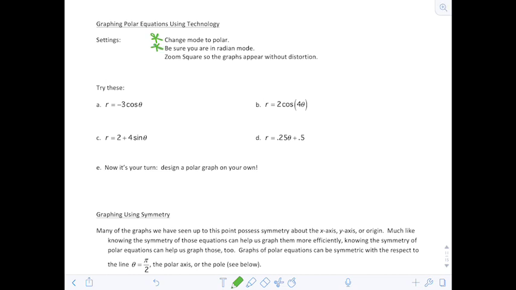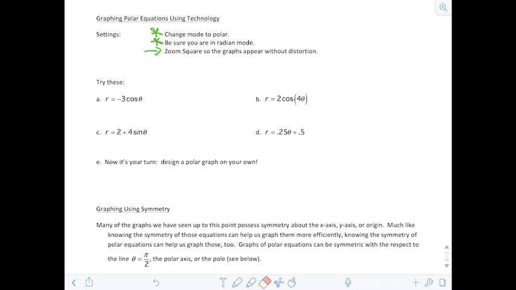Make sure that you are in radian mode, and put it in zoom square so that the graphs appear without distortion. Remember, your screen is rectangular, so these points are spaced farther apart than these points. But when you hit zoom square, it changes and helps the orientation so that your graph looks like it should.